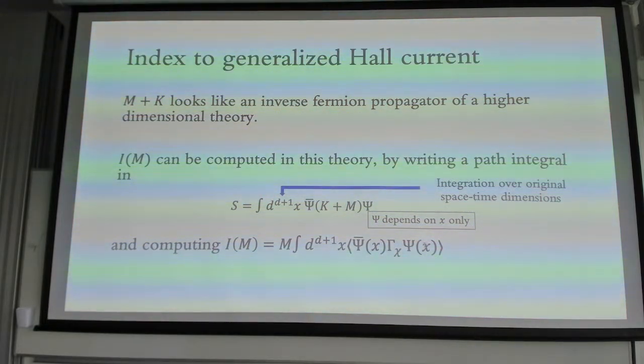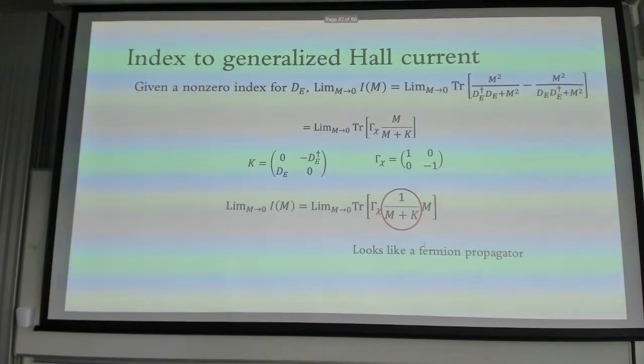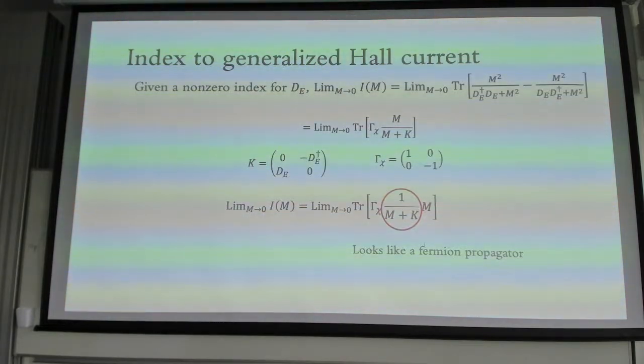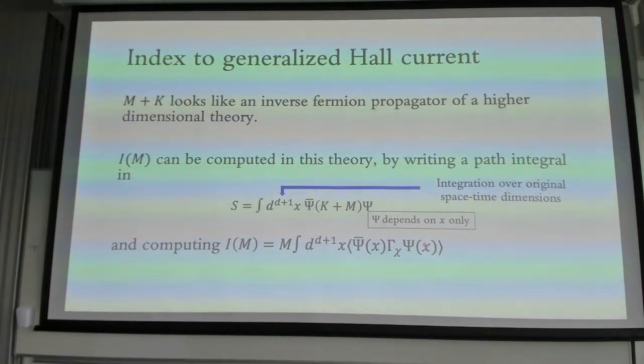So eventually, what's going on is that you have some extra flavors of fermion. But this is an identity, or rather, this is an equal sign. So every time I have an operator D with a non-zero index, I can compute this particular variable I of M, which is related to the index, in this higher dimensional theory, where my fields don't depend on these extra dimensions.